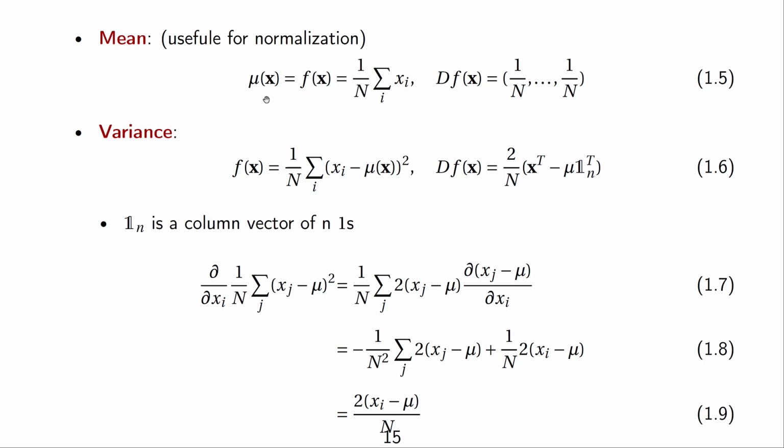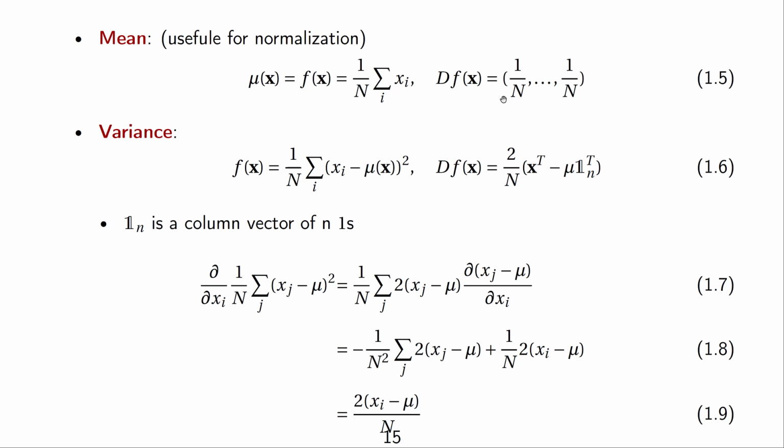So the mean mu of x, or f of x, is a function that has n inputs and only one single output. The function is computed by 1 divided by n, where n is the number of components in x, times summing up all the components.